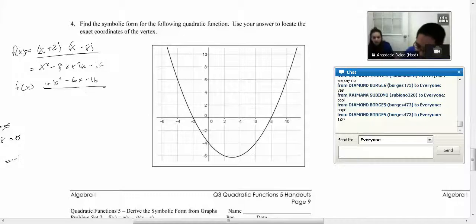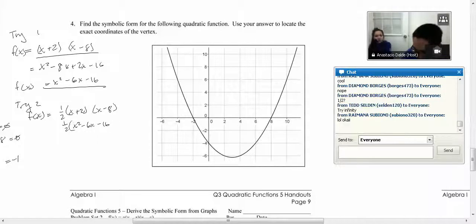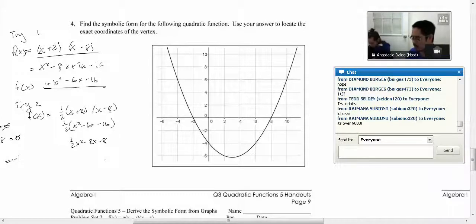Alright, so this is try 1. Try 2. So f of x equals 1/2 (x plus 2)(x minus 8). Basically you want me to take x squared minus 6x minus 16 and multiply it by 1/2, right? Okay, fine. 1/2 x squared minus 3x minus 8. We good? No. Divided by 4. Why 4?